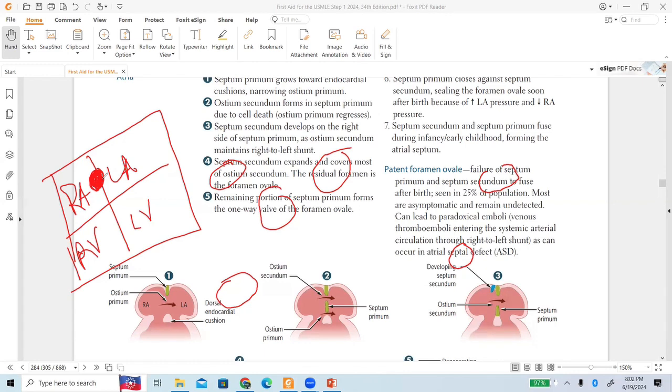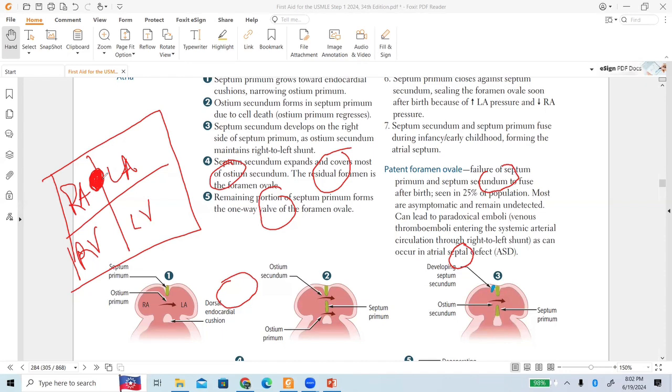So what happened? If it is intrauterine life, it is a right to left shunt. If it is after birth, it is a left to right shunt.